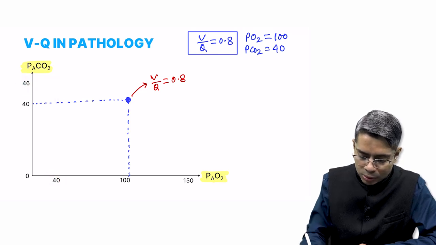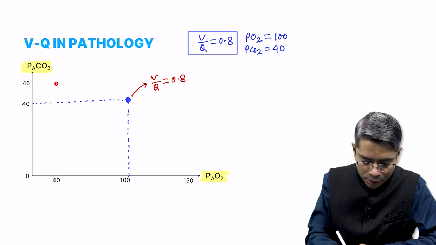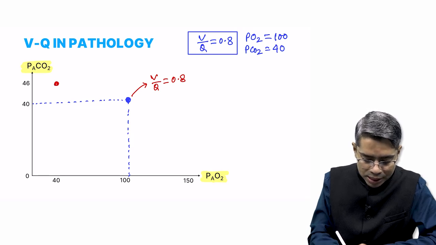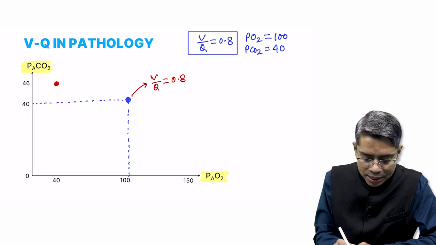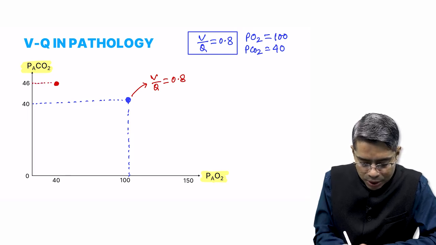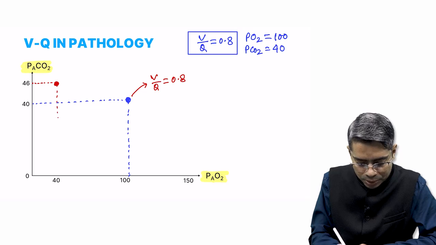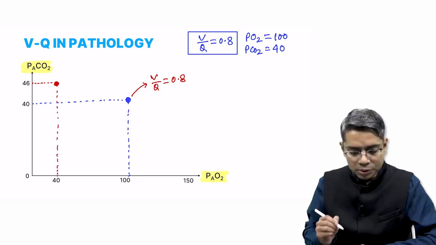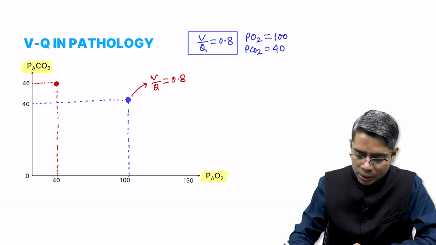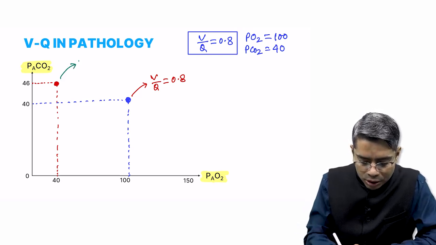The junction of these two perpendiculars, this point, indicates that the partial pressure of carbon dioxide is 46 and the partial pressure of oxygen is 40. So this is the alveolar gas composition when my VQ ratio is 0.